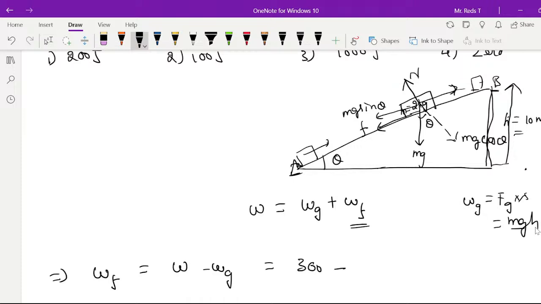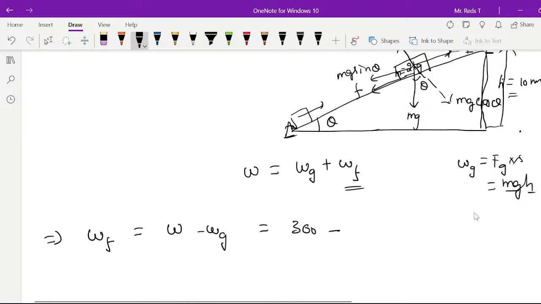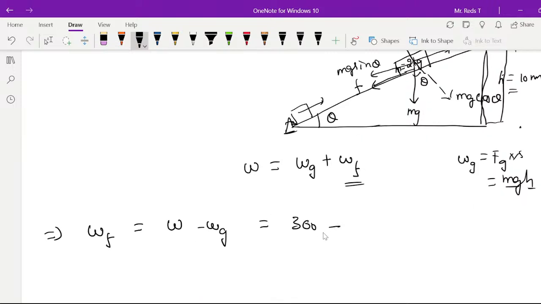The gravitational force acting in the vertical direction is mg, and h is the displacement. So you can take it as mgh. Therefore it is minus mgh.